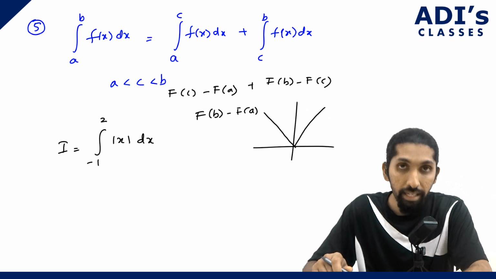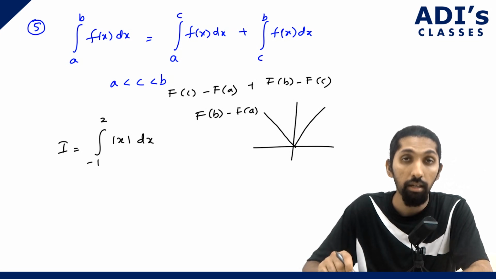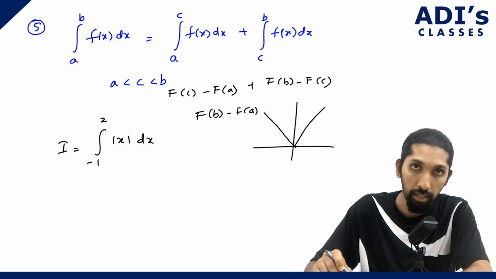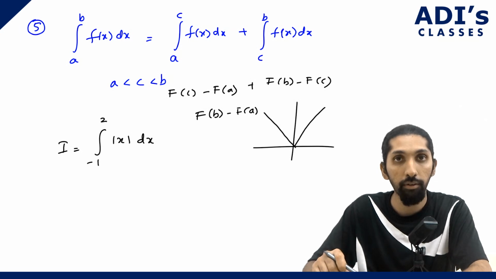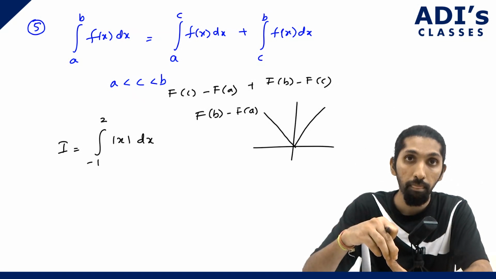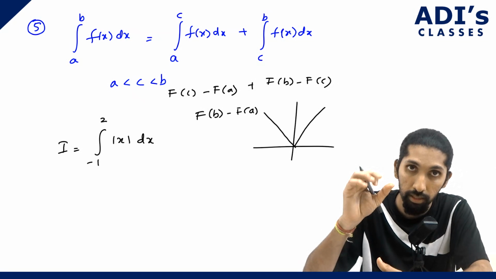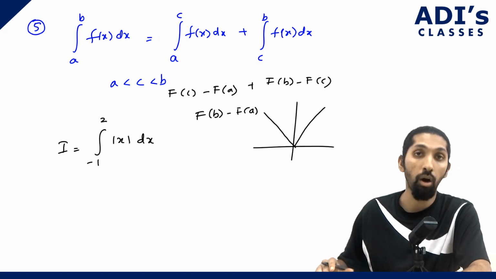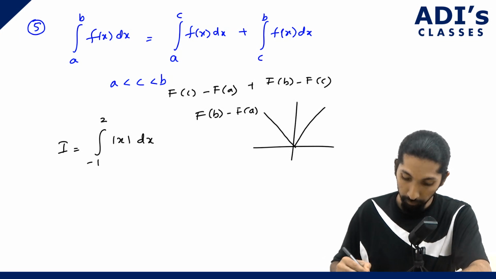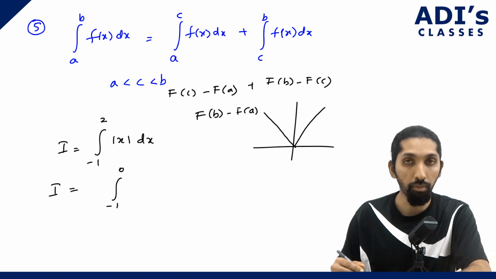So while integrating, we need to differentiate it. Because integration meaning what? It's the area under the curve, right? That's the meaning of definite integral. So if you are going to take it that way, then we have to split the limits of the integral. So what we do is, first we take I from minus 1 to 0.